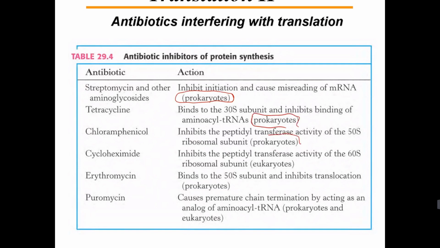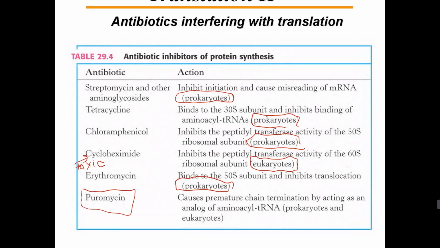Prokaryotes, again, tetracycline, chloramphenicol. For cycloheximide, we have something that's very specific to eukaryotes. So this is actually very toxic to us. Okay. Erythromycin, again, is very specific to prokaryotes. And we're going to focus on this one.